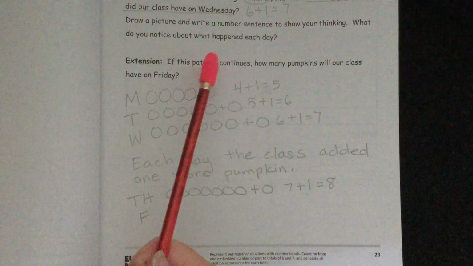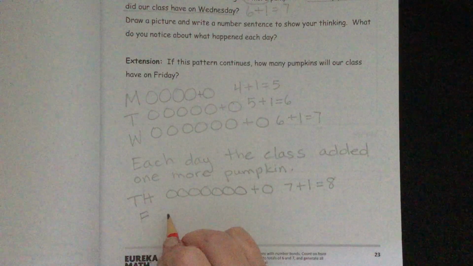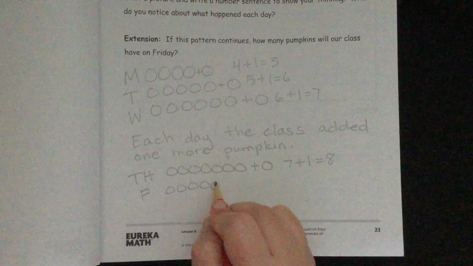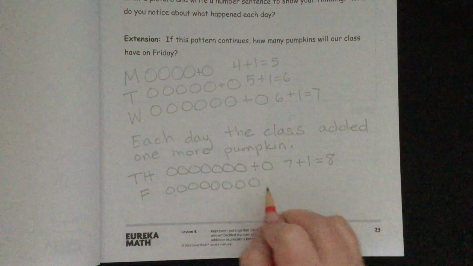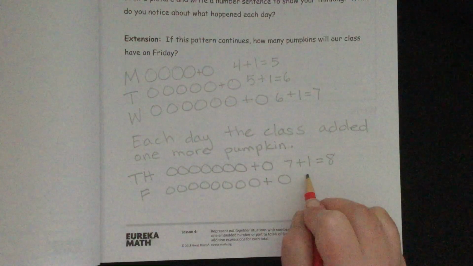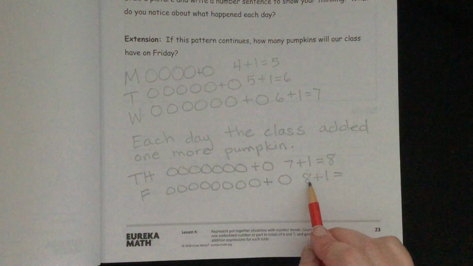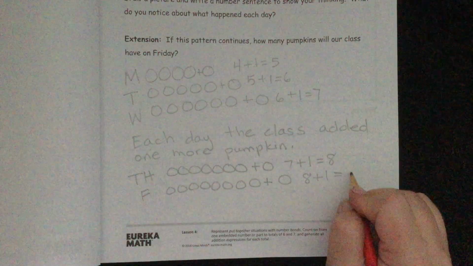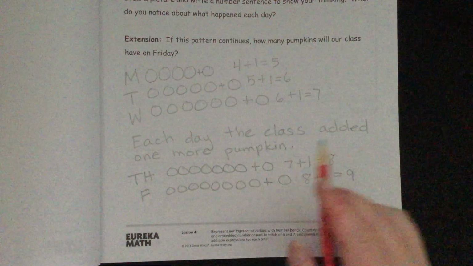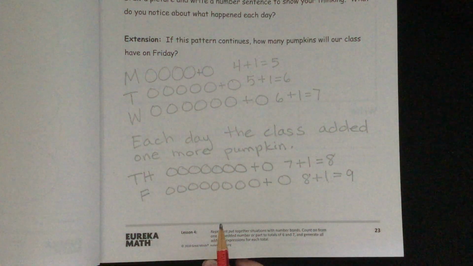Okay, they want us to find out about Friday. So we're going to start with 8: 1, 2, 3, 4, 5, 6, 7, 8, plus one more. So that will be 8 plus 1. We just count on: 8, 9. So if the pattern continues, the class will have 9 pumpkins on Friday.